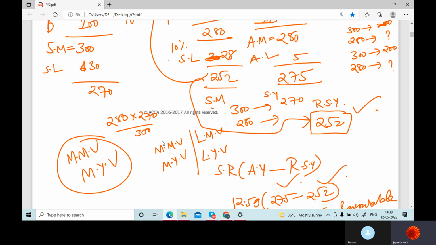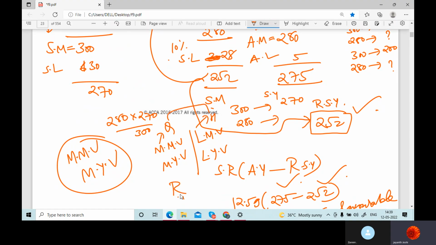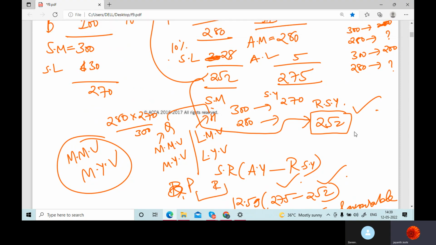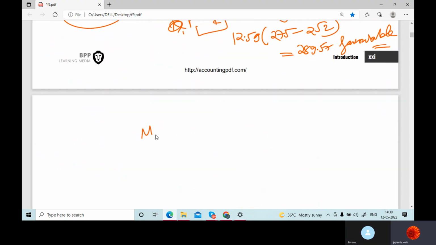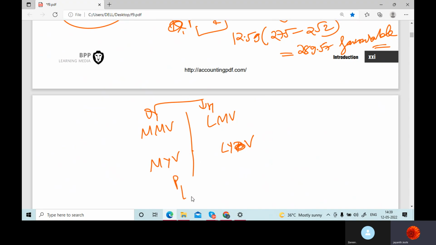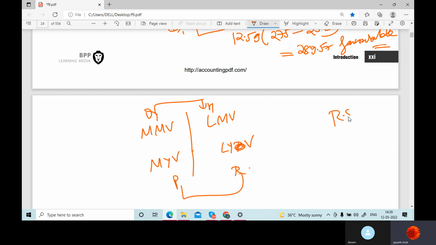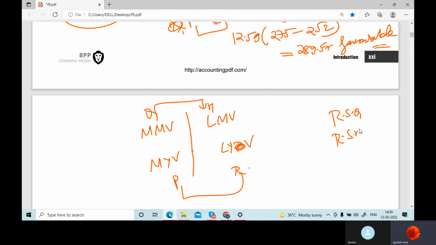In these cases, quantity changes to hours, and price changes to rate. Revised standard quantity becomes revised standard hours. The rest is the same, so the procedure is the same.